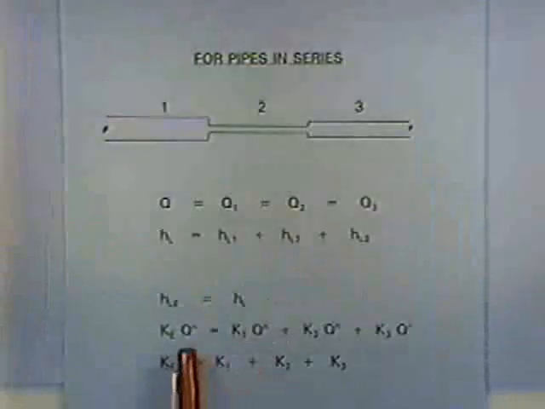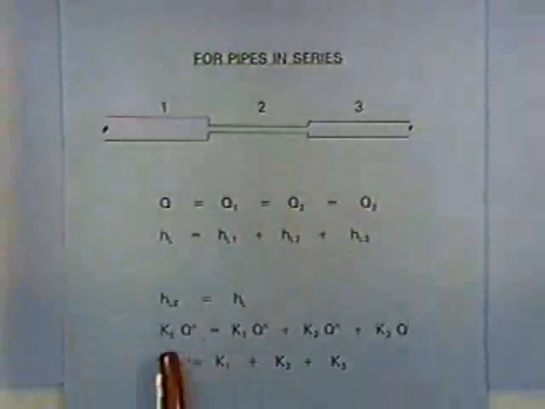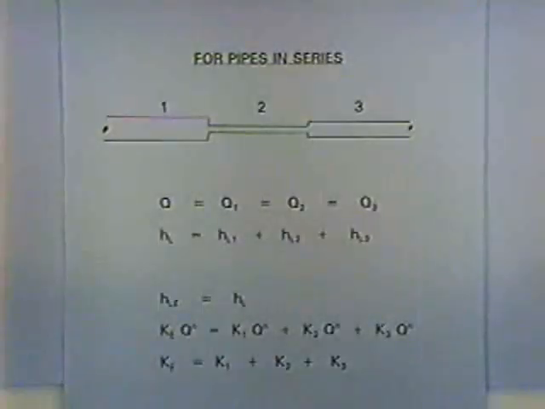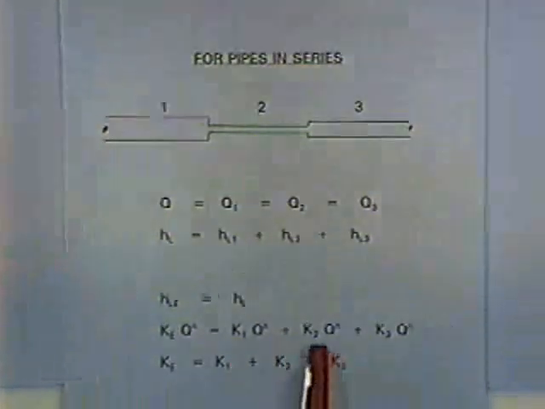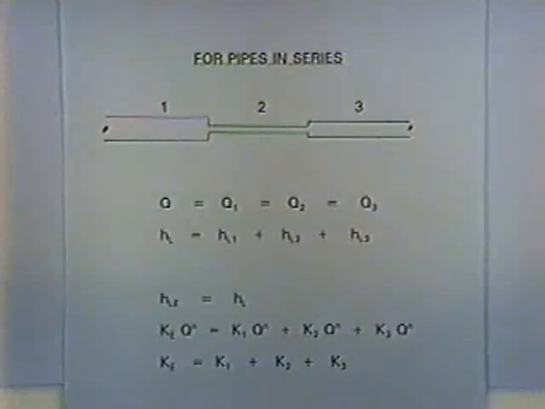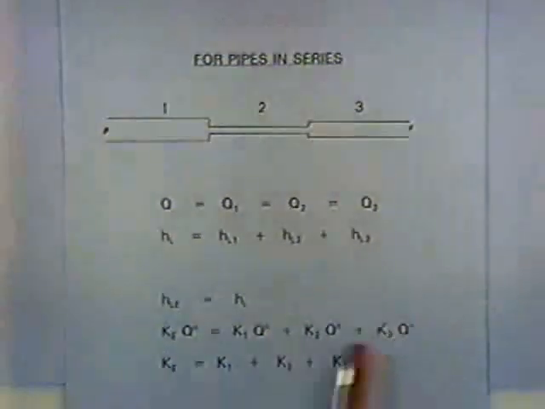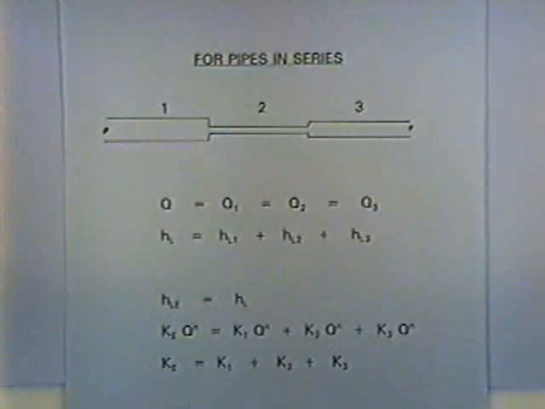And so the head loss is K times Q to the N. The head loss in the equivalent pipe would be the K of the equivalent pipe times Q to the N. And the head loss in the first pipe is just its K times Q to the N. Second pipe, it's K times Q to the N. The third pipe, it's K times Q to the N. So you add those three head losses together, and we're saying the same head loss for a given Q, so all the Qs are the same.